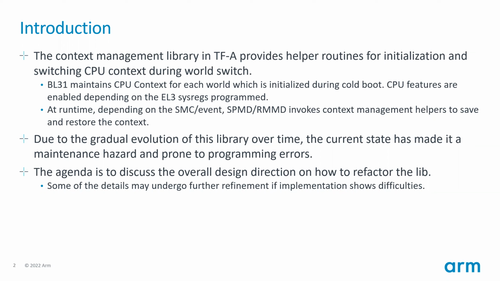So all those kind of feature enablement would need to be done by BL31 for each world. And at runtime, based on the SMC, if the SMC is targeting the secure world, then BL31 will do the required save and restore of the CPU context for transitioning from the non-secure world into the secure world.